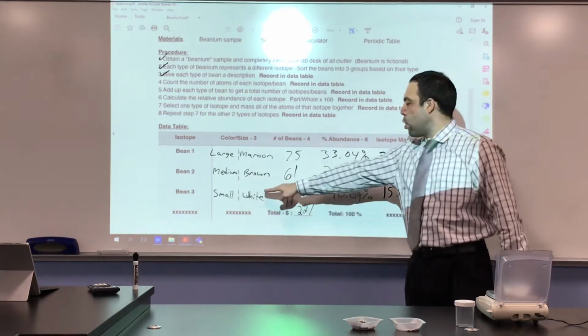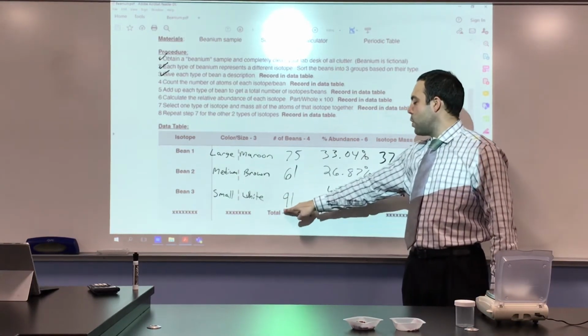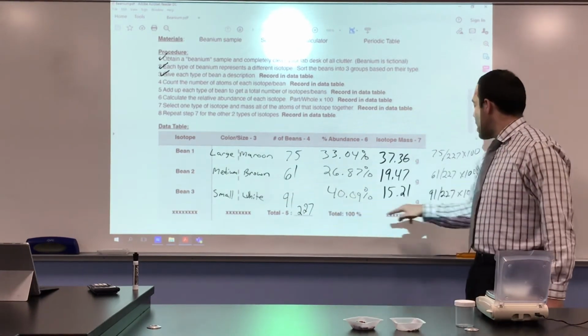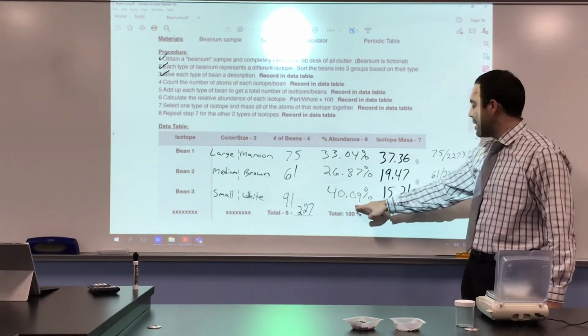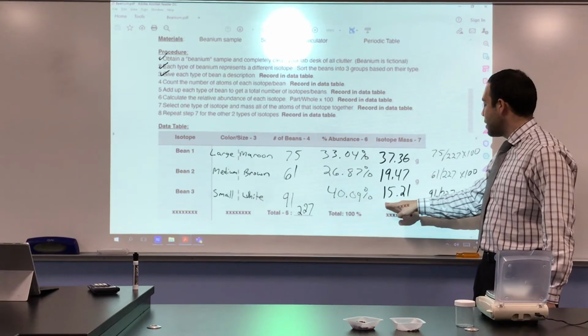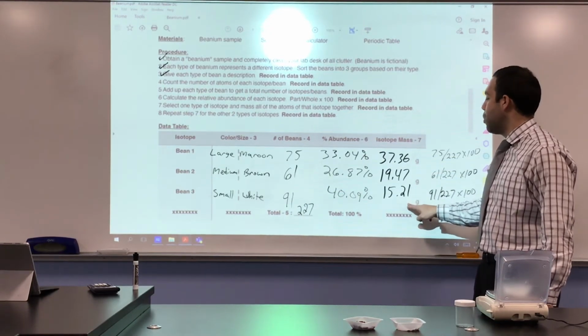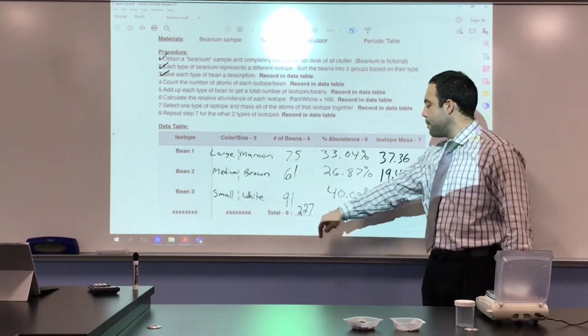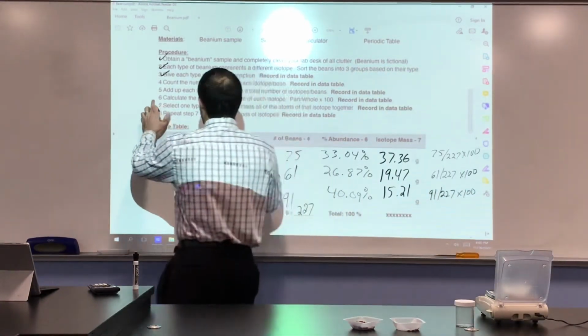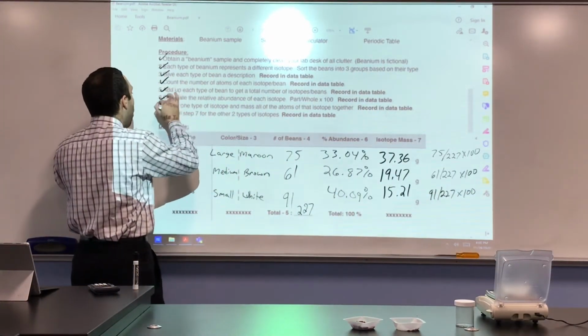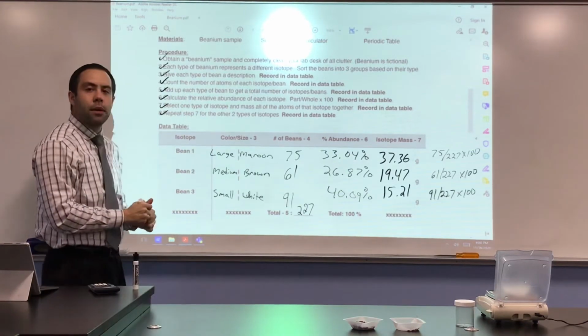And finally, our small white beans, we had the most of those, 91. 91 divided by 227 times 100 works out to be 40.09%, and the mass is 15.21 grams. The total, as we said, is 227 beans, and we completed all 8 steps.